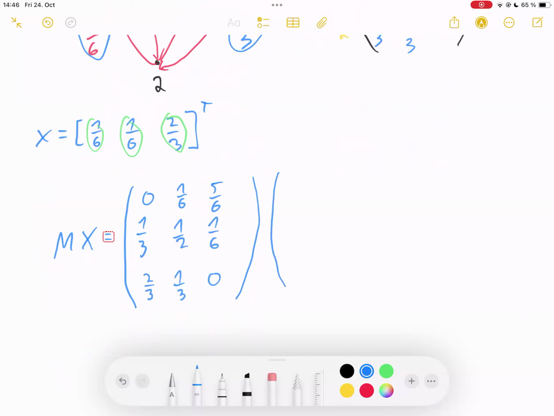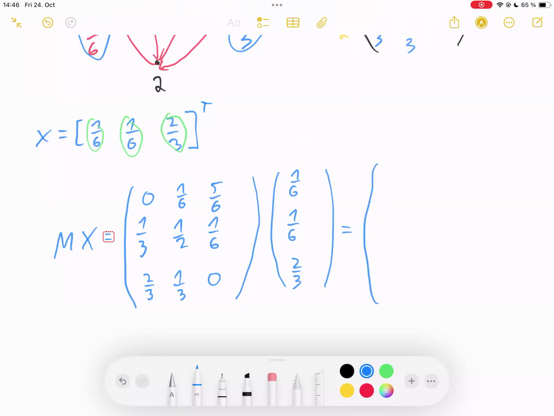And our state X, which we just defined before, is 1/6, 1/6, and 2/3. Now we can multiply the matrix with the vector from the right.